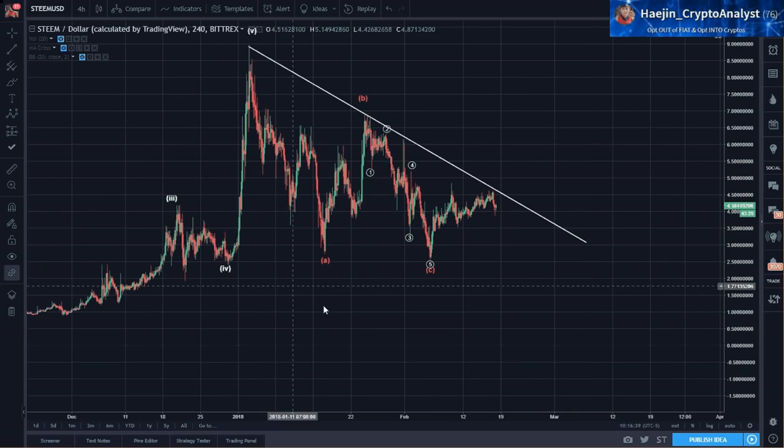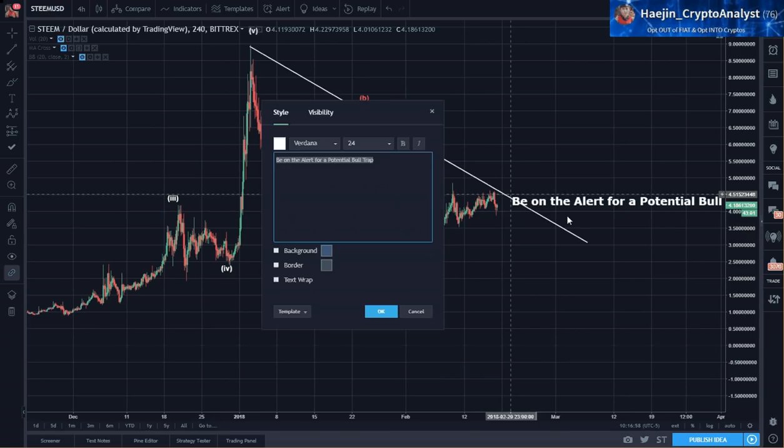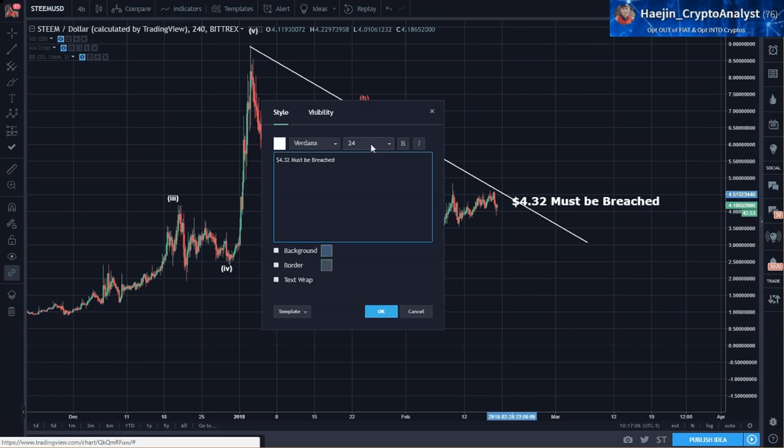So therefore, if it's hitting a resistance zone on a trend line, by the time it comes back up, it'll be somewhere around 432. 432 needs to be breached decisively.